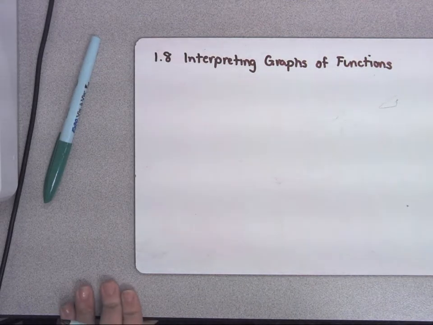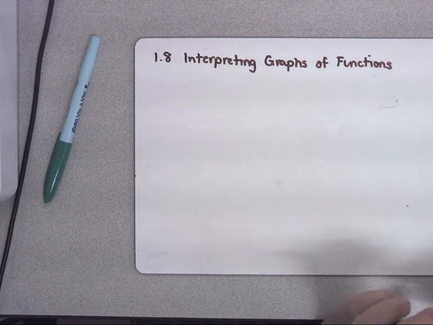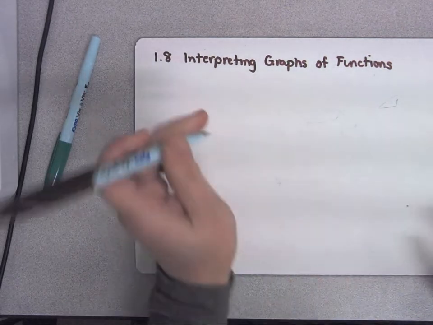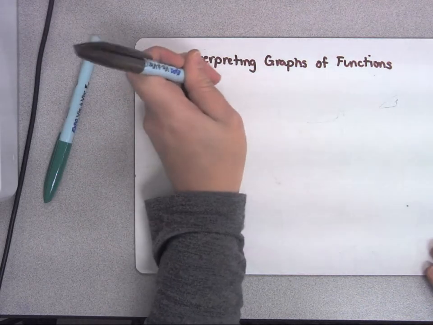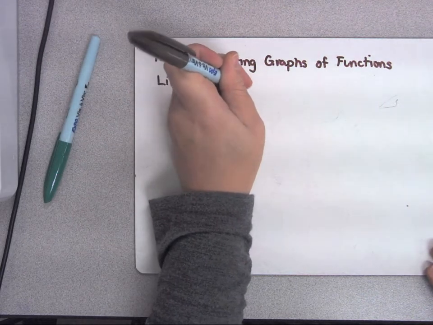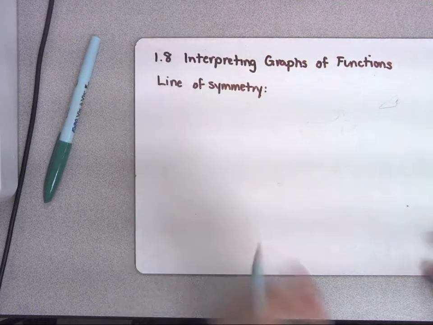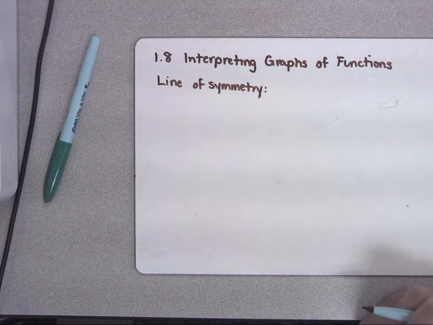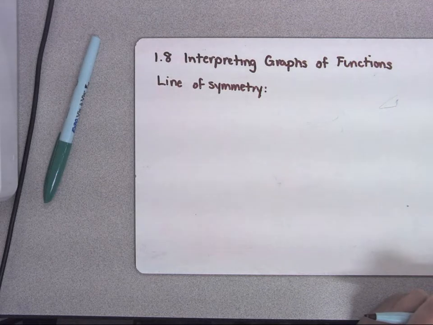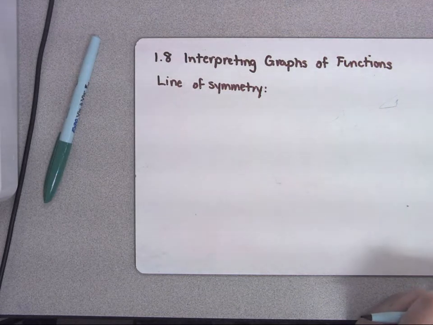What does it mean to have a line of symmetry? For example, people have a line of symmetry. Humans, well, most humans. What does that mean? A graph, well, usually we're talking about graphs, right?